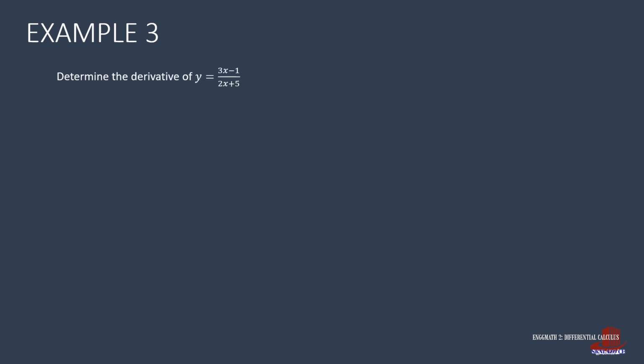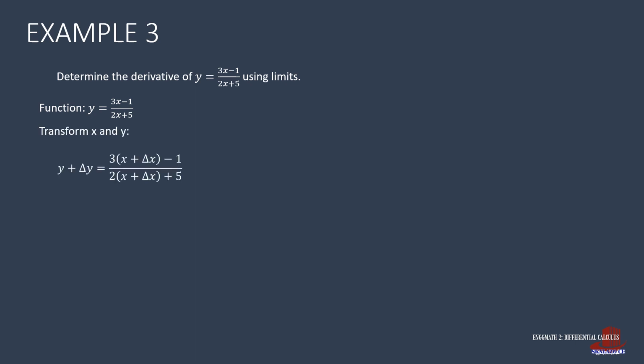Example 3 has y is equal to 3x minus 1 over 2x plus 5. Begin by transforming the x's and y, and then expand the terms to take out the groupings. So y plus delta y is 3x plus 3 delta x minus 1 over 2x plus 2 delta x plus 5.